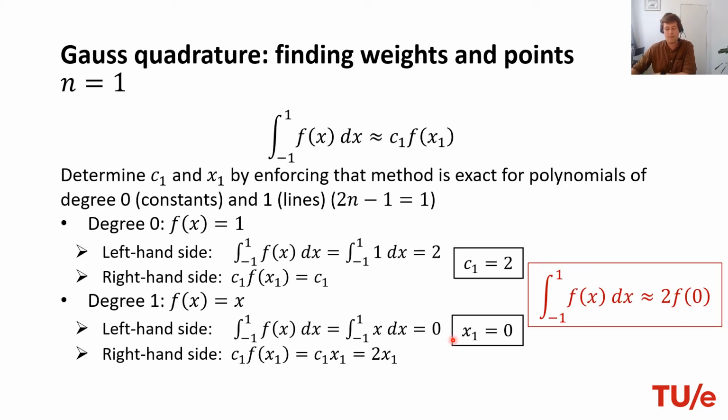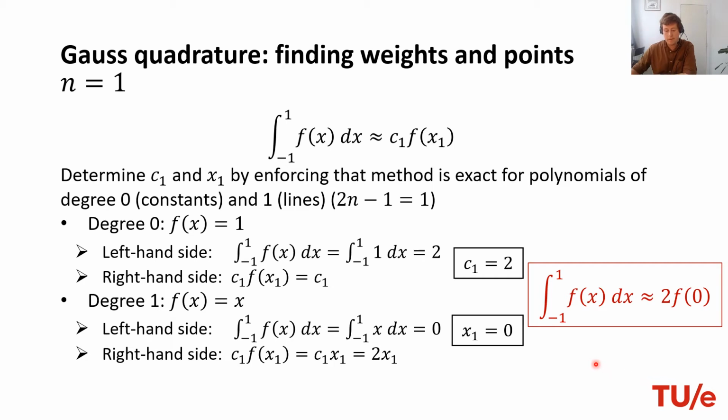So we have found our Gauss quadrature rule because we have determined both the weight c1, which is 2, and the Gauss point x1, which is 0. So the one-point Gauss quadrature rule for any function, and this is not only for polynomial functions, for any function, will be the following, that we approximate this integral between -1 and 1 by twice the function evaluated at x is 0.